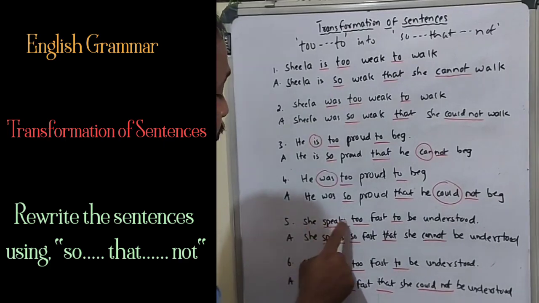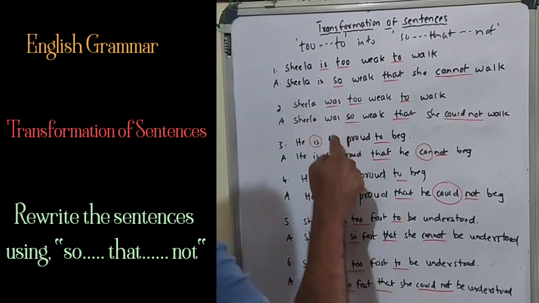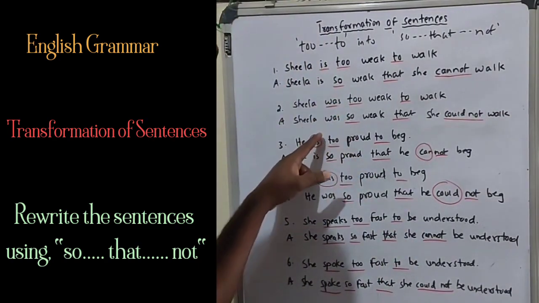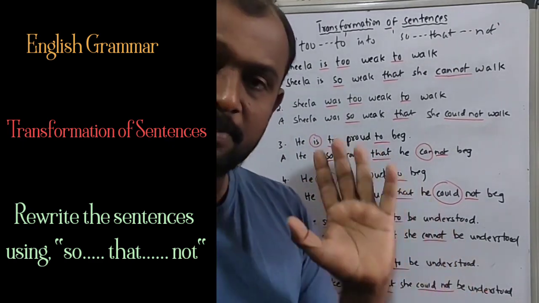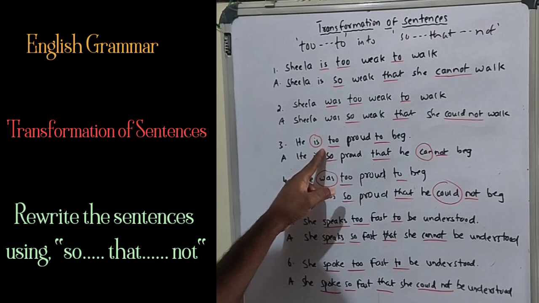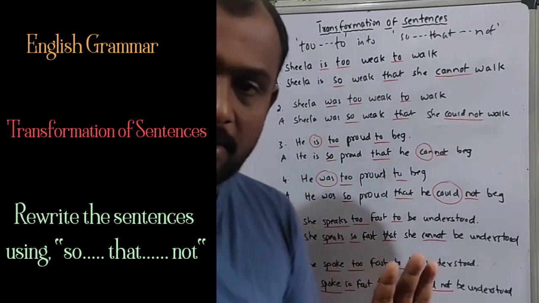Okay. Look at the next example. She speaks too fast to be understood. Here, in the first four cases I had given helping verbs. Based on the helping verb, you determine whether the given sentence is present or past. The first and third sentences are present tenses. The second and fourth sentences are past tenses.